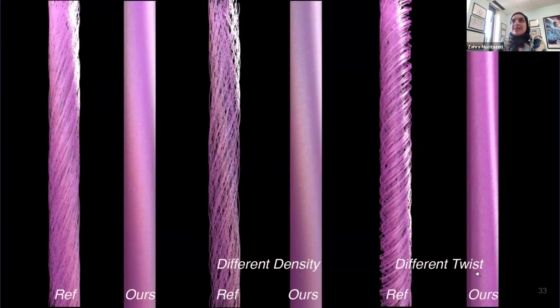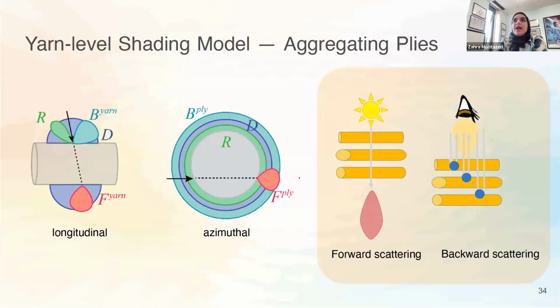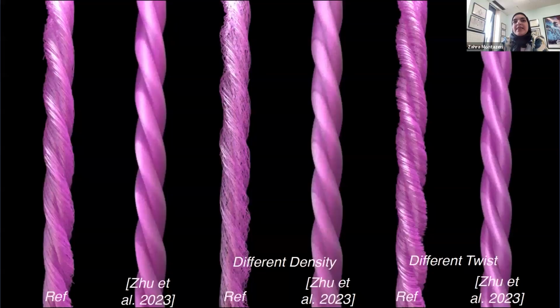Although it's at the yarn level, we don't expect to see the fiber details, but the overall appearance matches what we want. And this is the same idea, we can do it at the ply level. So remember, we have fiber, ply, and yarn level. We can go one step higher and do the same aggregation using dual scattering, and again we get the same result.